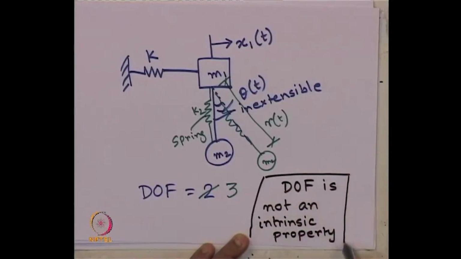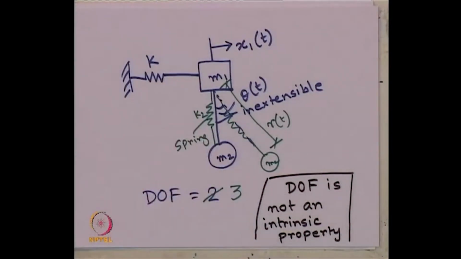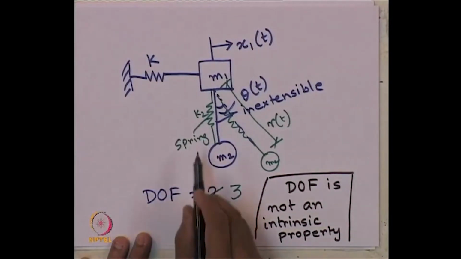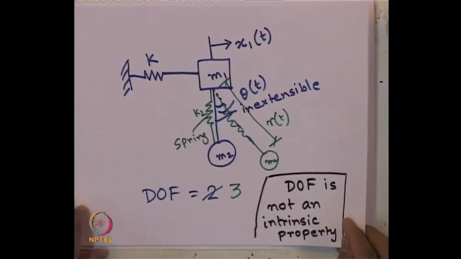Because we have seen that for the same system, depending on the conditions of different connections or boundaries, the degrees of freedom of the problem keeps changing. So, degrees of freedom is not at all an intrinsic property of the system, but depends on the boundary conditions and other loading conditions, etc.